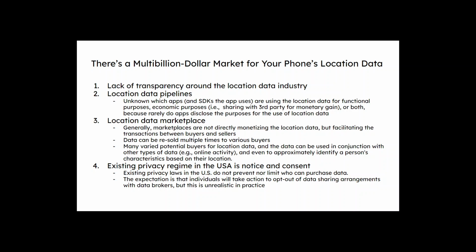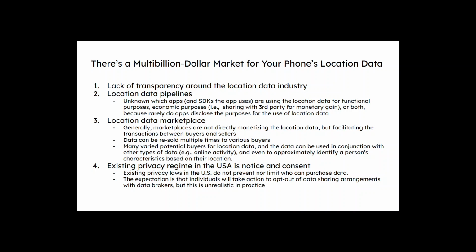Additionally, you can use this location data in conjunction with other types of data, as I mentioned, for example, online activity. You can look at someone's location data, but then try to connect that with other data sets to identify the person's personal characteristics, who they are.